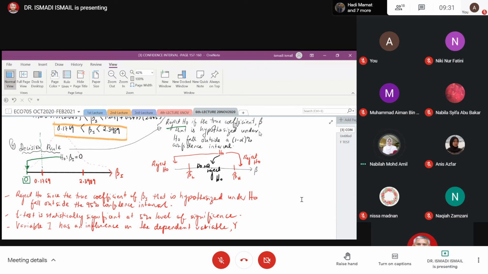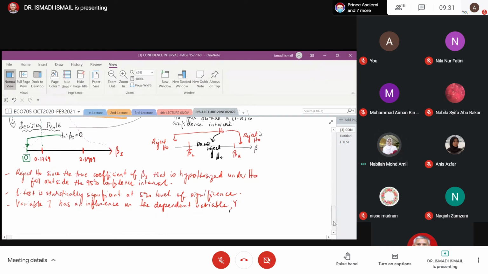Doctor, for the decision rule, the third point, instead of writing variable I has an influence, can we also write independent variable I has an influence? Independent variable I has an influence.